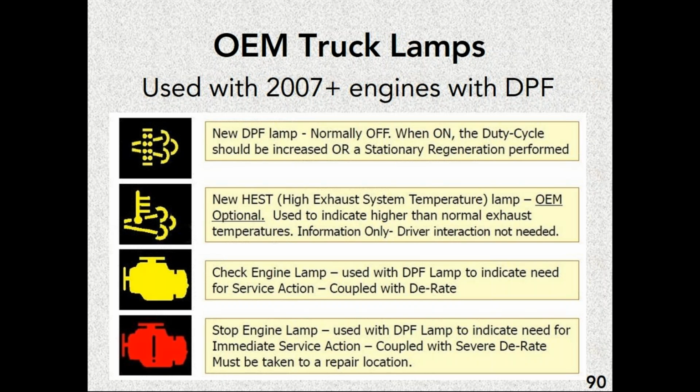And sometimes those exhaust temperatures can get to the point where they're too high. Your check engine lamps, whether yellow or red, are common for vehicles right now. They just happen to have another function when you have a DPF installed. They'll come on if the filter is having problems.